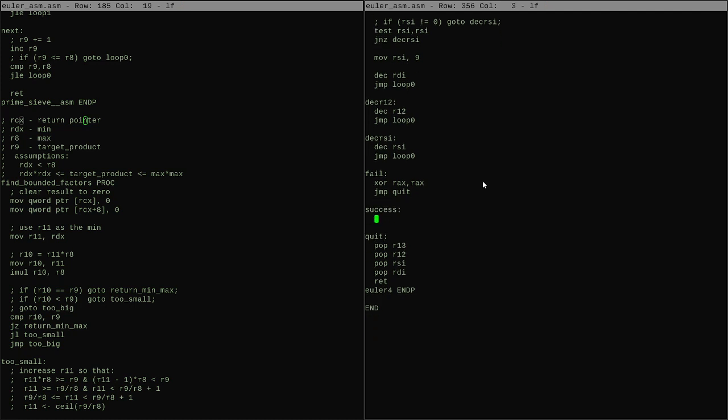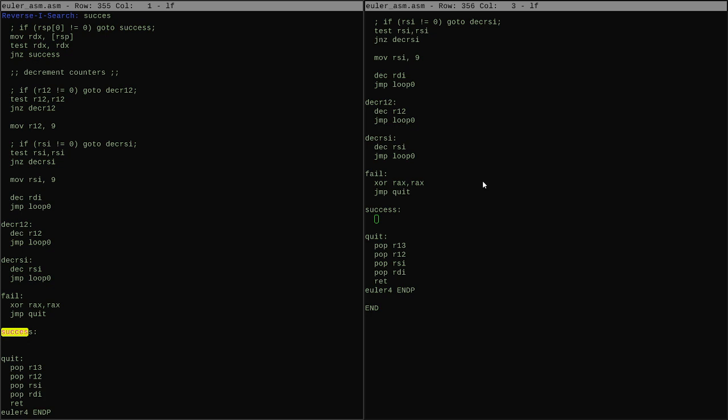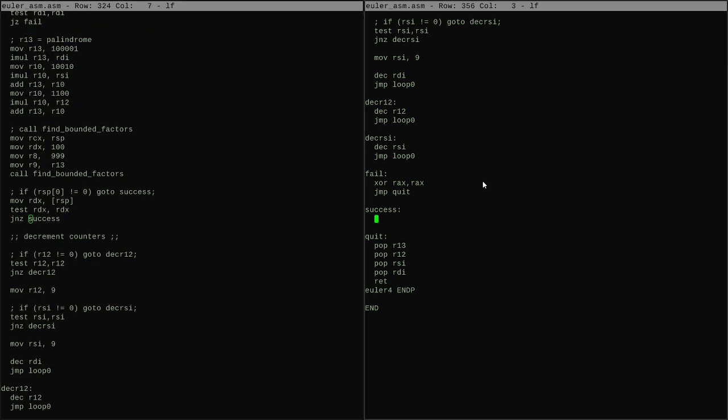So success is going to be like, move into RAX the thing from R13, which is the palindrome.